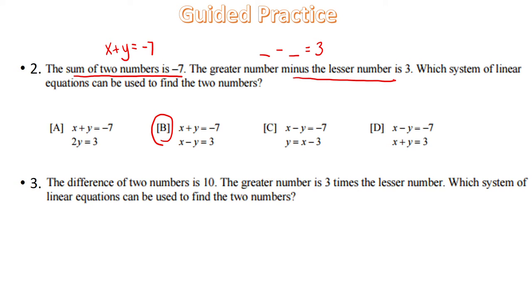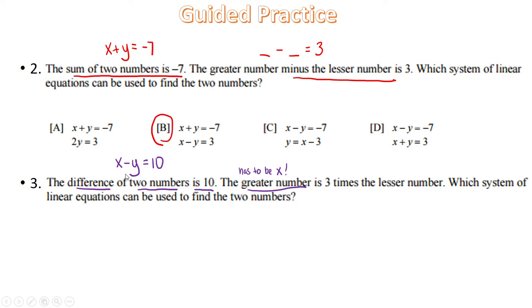It says the difference of two numbers is 10. So the way that it could start this off is x minus y equals 10. Then it says the greater number. In this case, if I put x first and then I subtract y, then x has to be the greater number. But if you started this off separately, then y would have to be the greater number.